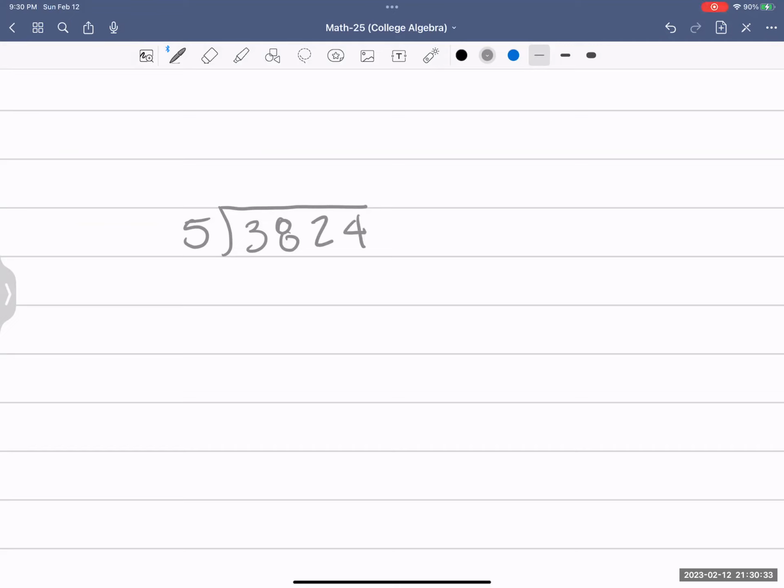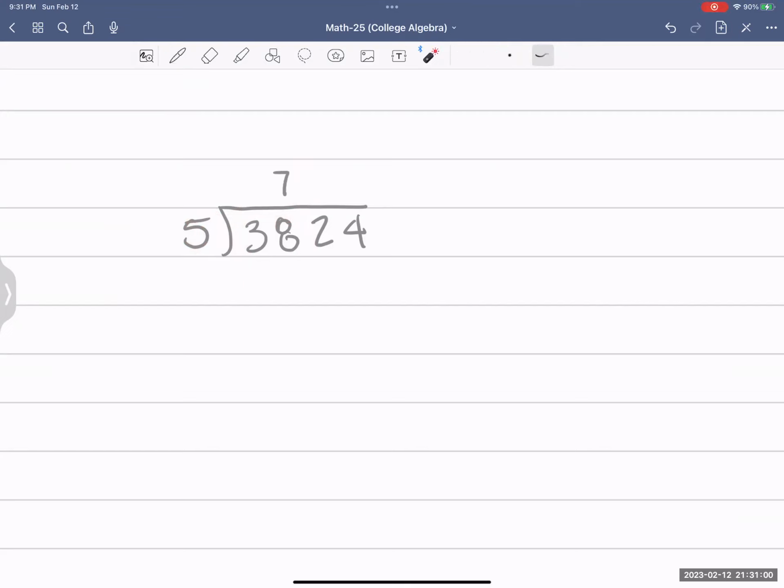What we would do here is start with the very first number. What do we multiply to 5 to get to 3? 3 is a little too small, so we're going to leave this space empty. Now instead of looking at 3, we look at the number 38. What do we multiply to 5 to get just under 38? Looks like it's going to be 7.